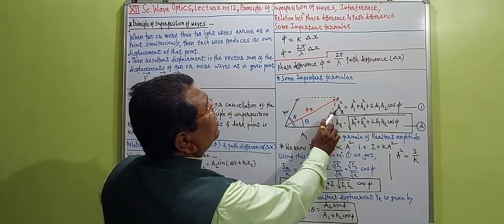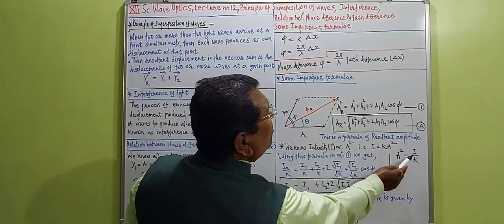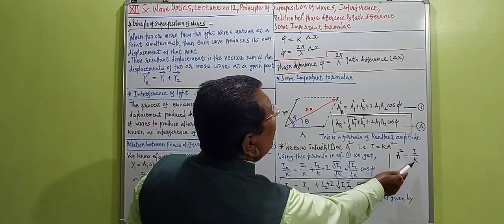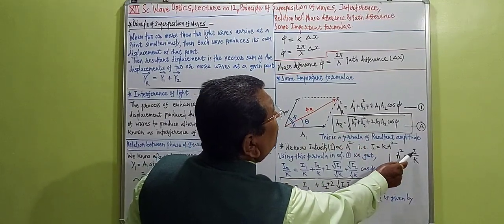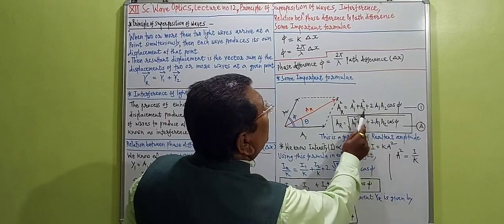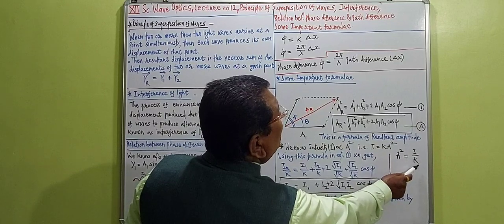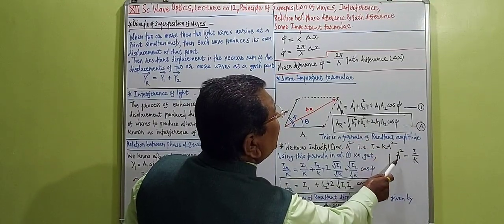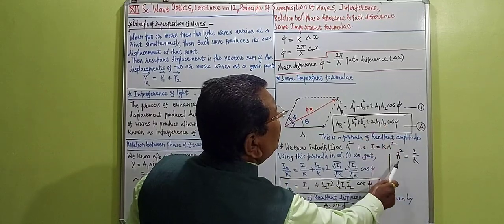Making use of this equation, what is AR square? AR square is equal to IR upon K. What is A1 square? A1 square is equal to I1 upon K. What is A2 square? A2 square is equal to I2 upon K. What is simply A1? Root of I1 upon K. What is simply A2?